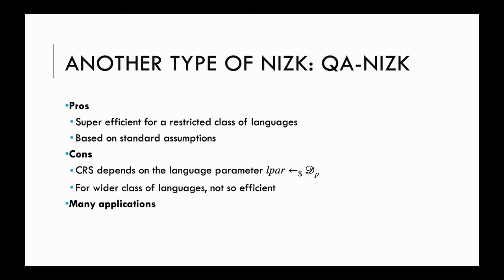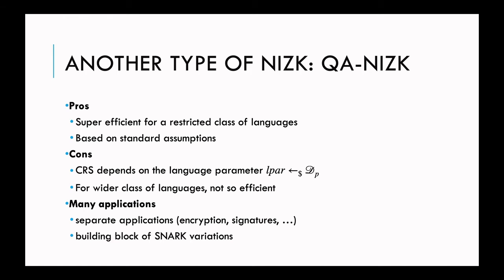Still, independently of those drawbacks, KNIZKs have many applications. So it has separate applications in encryption, signature schemes, etc., where it's really important that the output is just one group element and you are basing it on standard assumptions.